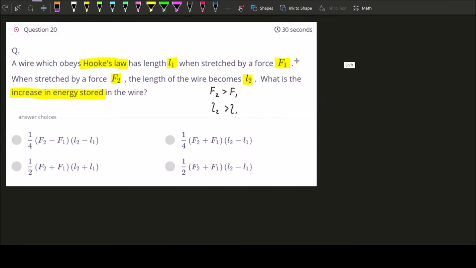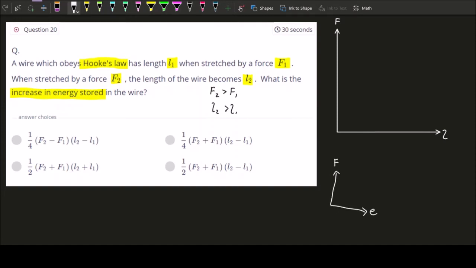So let's draw a graph. Here I have a graph that I will label as a force against length graph. Now this is not the usual F-E graph that we usually see.